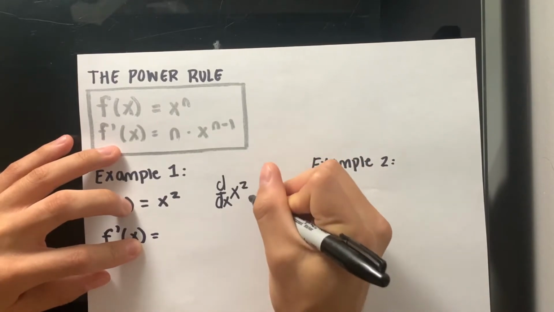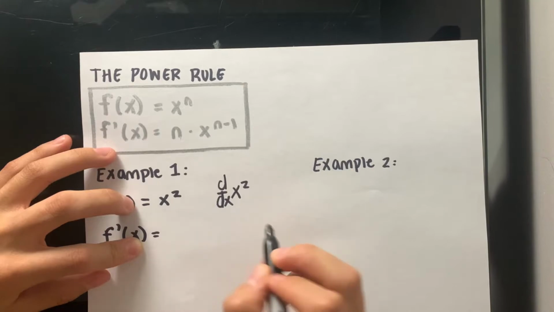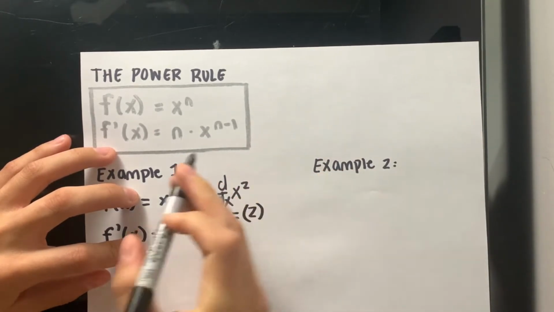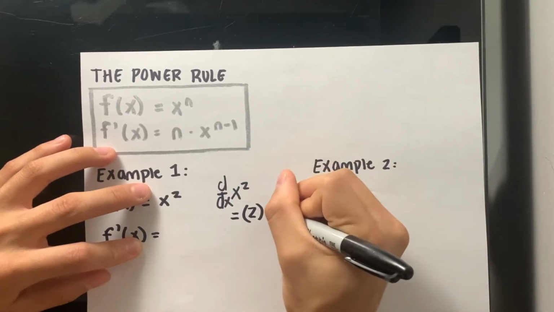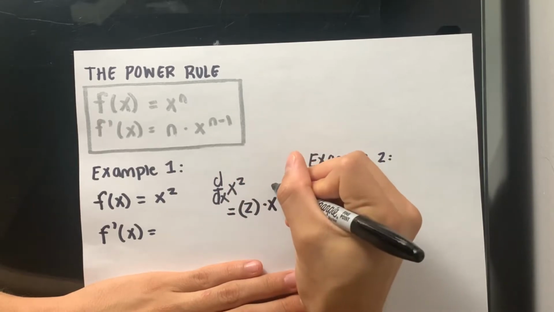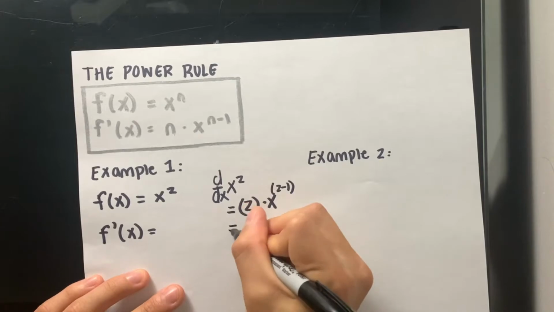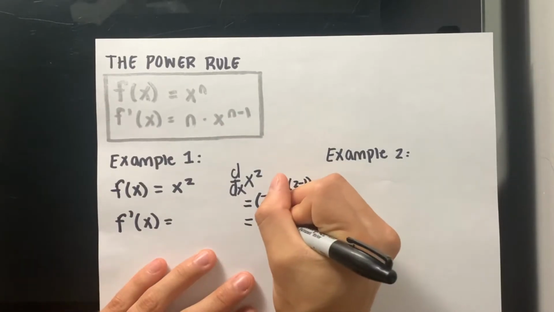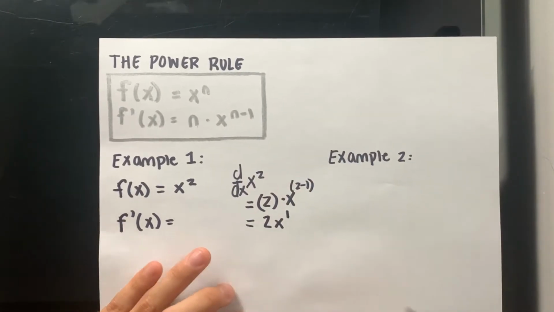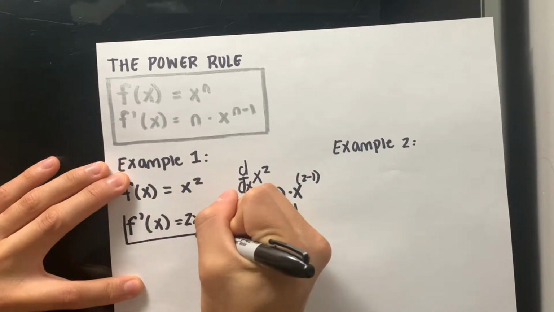So we're going to just plug it into this formula. In this case, n is equal to 2. So then we get 2 as n right there. Multiply that by x to the power of n minus 1, so 2 minus 1. Now we just simplify that. We get 2x to the power of 1, or just 2x. And that is your derivative of that function.